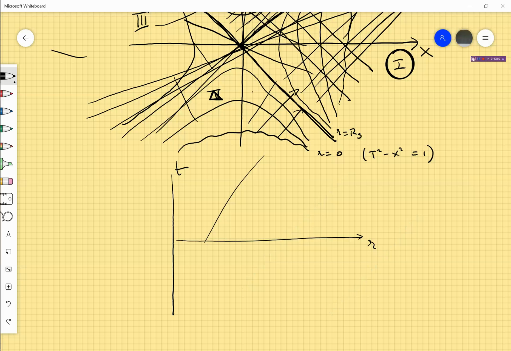Now you can perform this conformal transformation to bring the infinity to a finite distance, as a matter of fact.